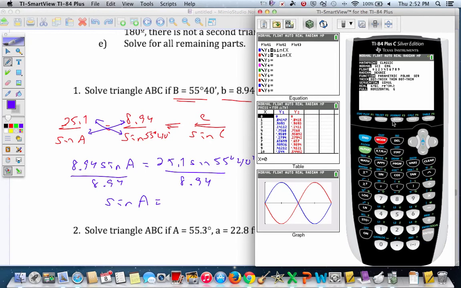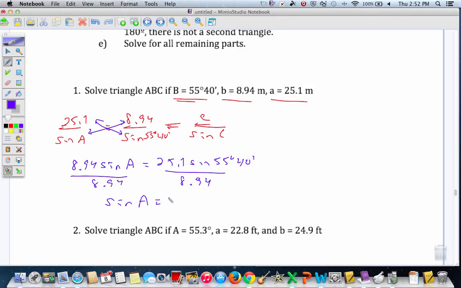So I wind up with sine equaling... re-enter that. So let's go back up here and enter that again now in degree mode, and I get sine equals 2.3184.